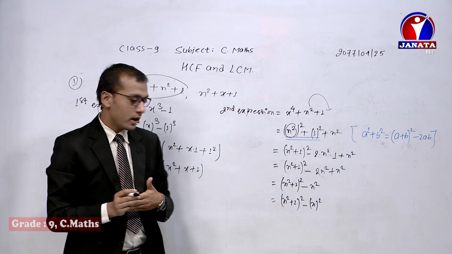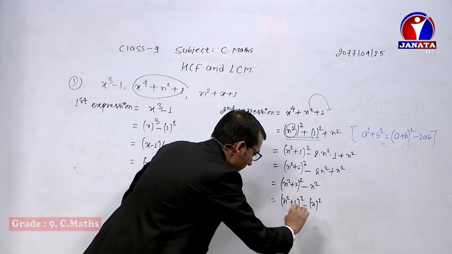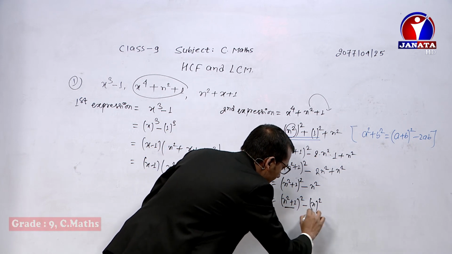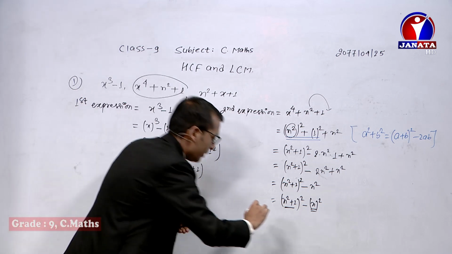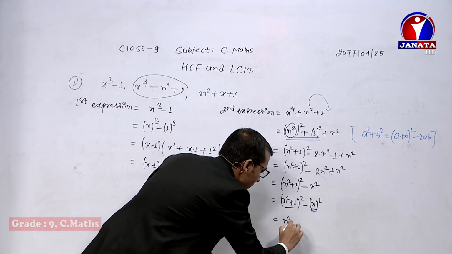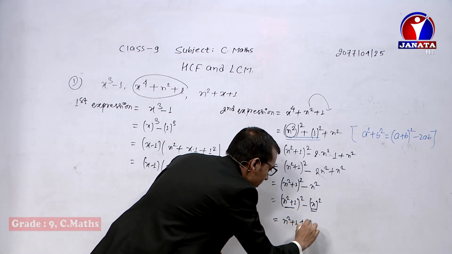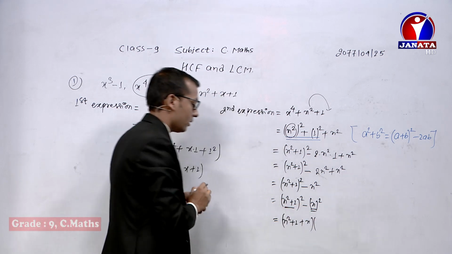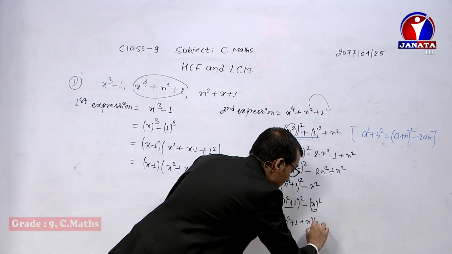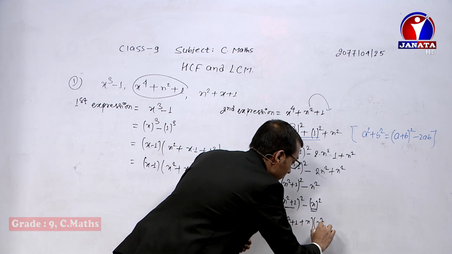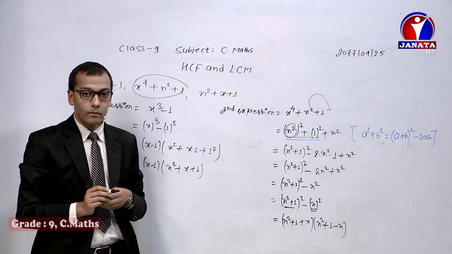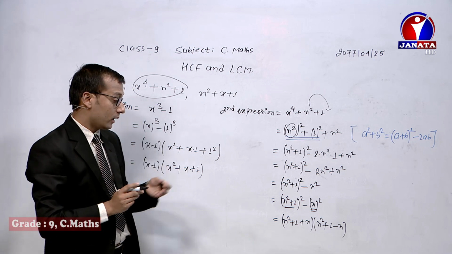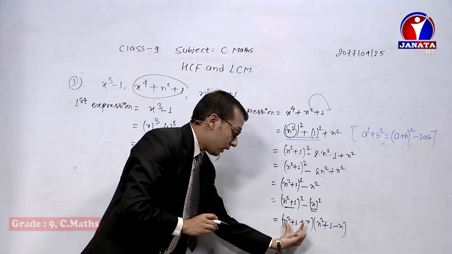Simple. A square minus b square is a plus b times a minus b, so this is a and this one is b. So x square plus 1 plus x, this is a plus b factor, and next is x square plus 1 minus x, this is a minus b factor. So we can arrange the terms here.